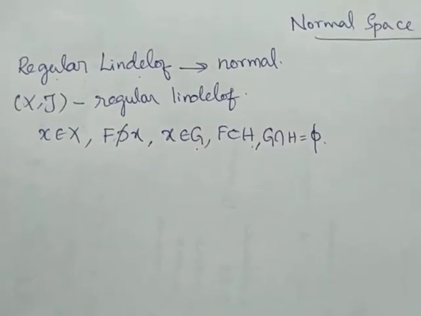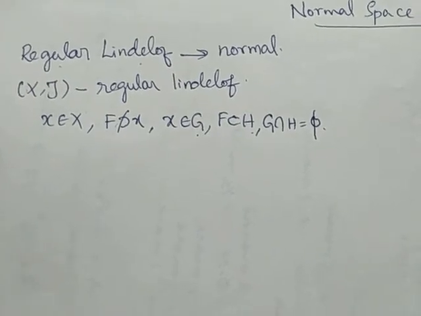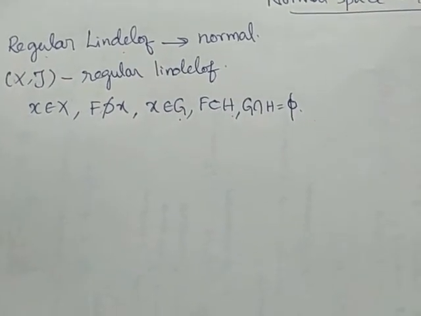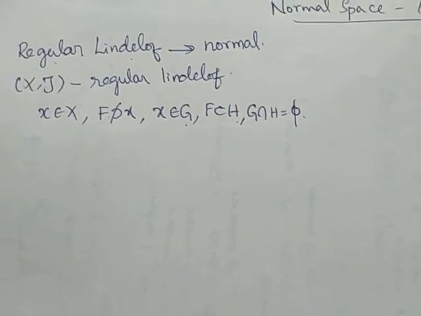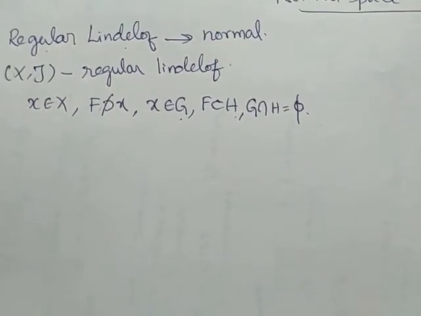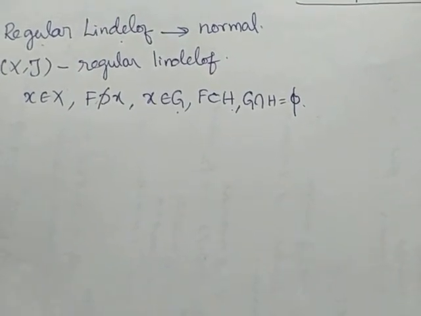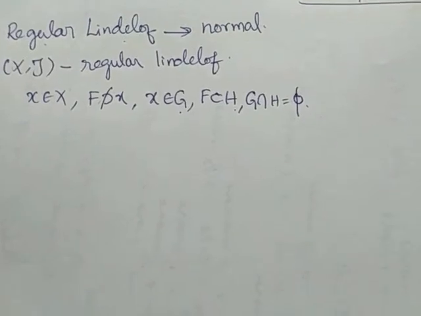This is our regular space definition. And what is a Lindelof space? Every open cover should have a countable subcover. If every open cover has a countable subcover, then we call it a Lindelof space.